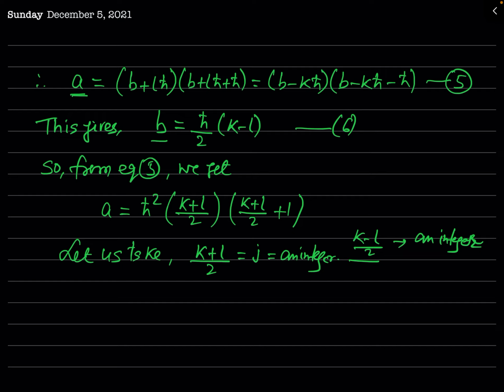And if you assume that (k + l)/2 is equal to j, then from this result you can see what a will be. Therefore a is equal to j times (j + 1) times ħ square. You can easily see it here. This is j, so this is j times (j + 1) times ħ square. Say this is your equation 7.